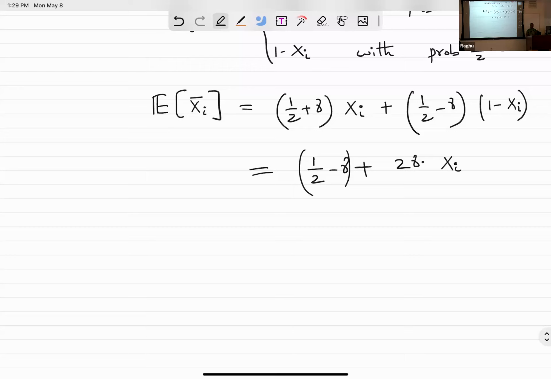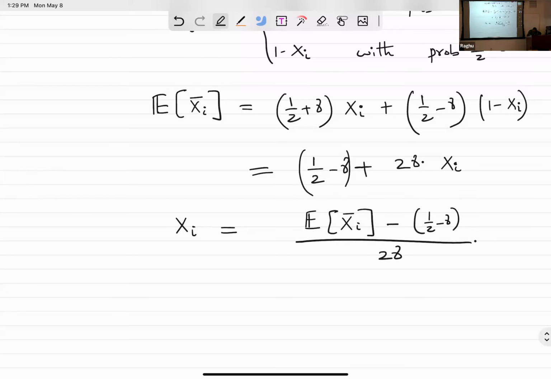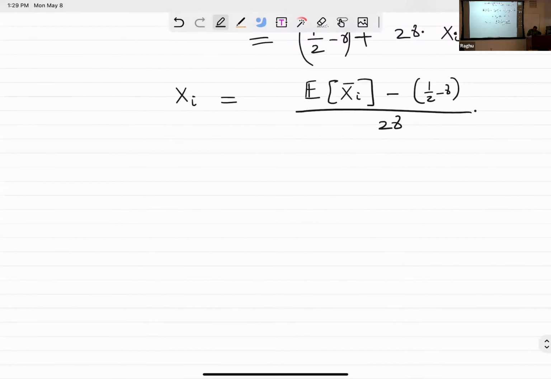Yeah, by the half minus gamma. Right. So if I reverse engineer this, I get this equation.